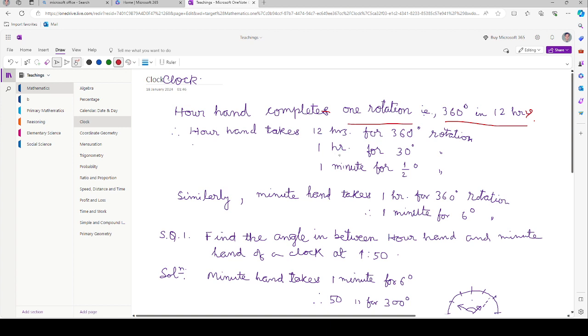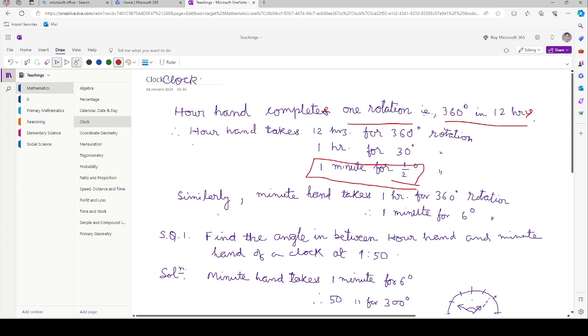So, 1 hour for 30 degrees and 1 minute for half degree rotation. That is, hour hand takes 1 minute for half degree rotation. This is to be remembered.